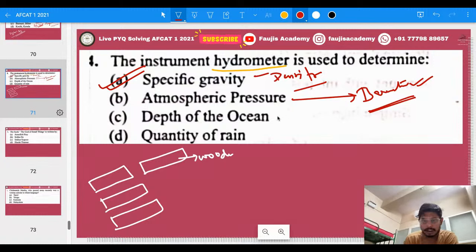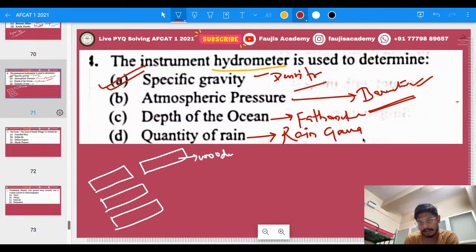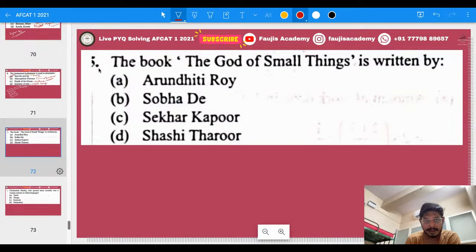Depth of ocean is measured by fathometer. Okay, fathometer, right? And the quantity of rain is measured by an instrument called rain gauge. Okay, rain gauge.